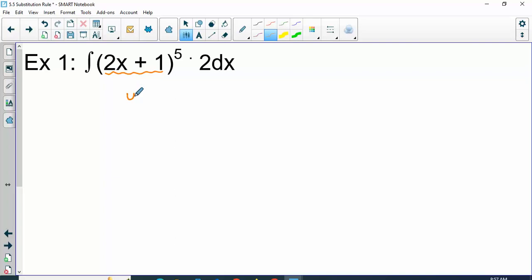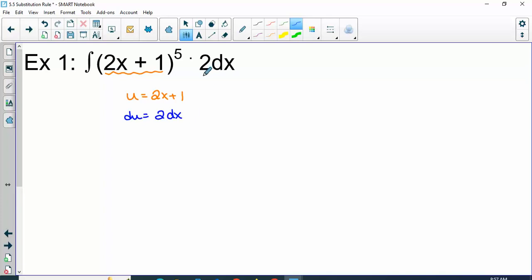I could call that u. What is the derivative of u? The derivative of 2x plus 1 is 2, and then if we're doing implicit differentiation, that would get the dx with it.